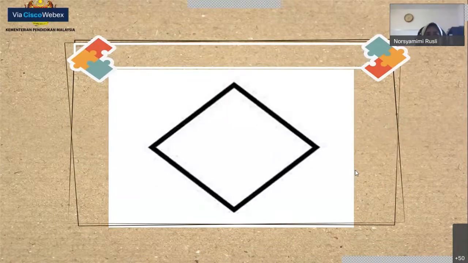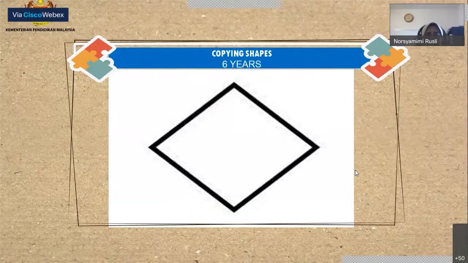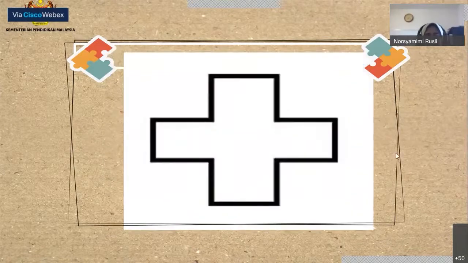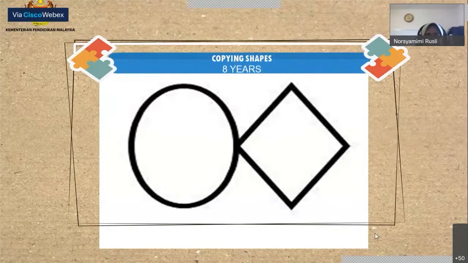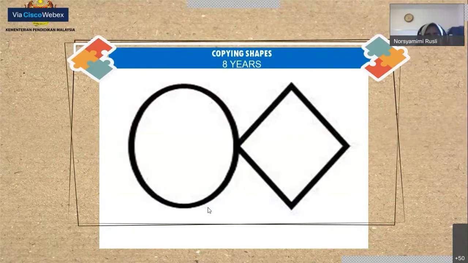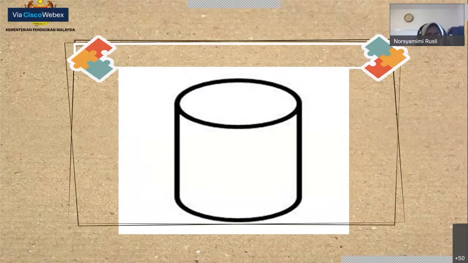This plus sign, 7 years. The child is expected to be able to copy these pictures as well. And the last one, a 9 year old student will be able to copy the cylinder shape here.